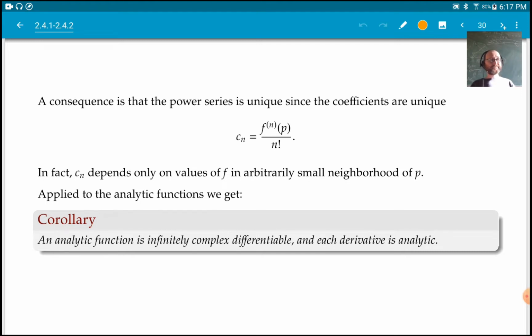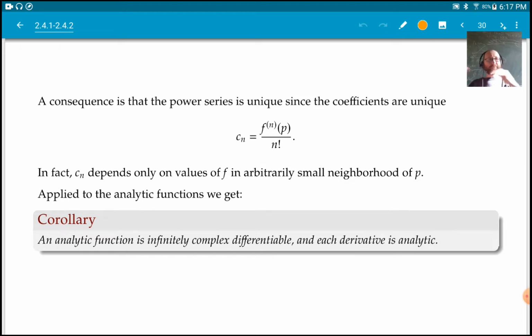This feels to me like a really weird thing to say. Just because you have one derivative, suddenly you have infinitely many derivatives. But that's what it will turn out to be. So that will take a little bit more to prove.